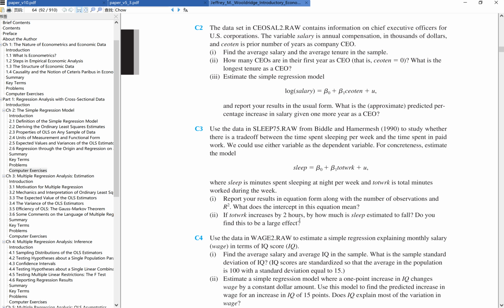Basically, we use 2 hours as our input and multiply by beta 1 to get the estimated effect of total work increasing by 2 hours. But here, the total work is measured in minutes. To be cautious, we have to transform these 2 hours to minutes. So 2 hours equals 120 minutes.